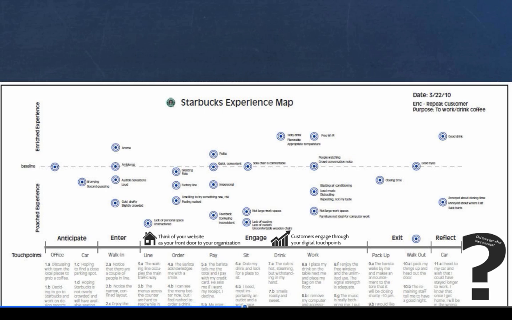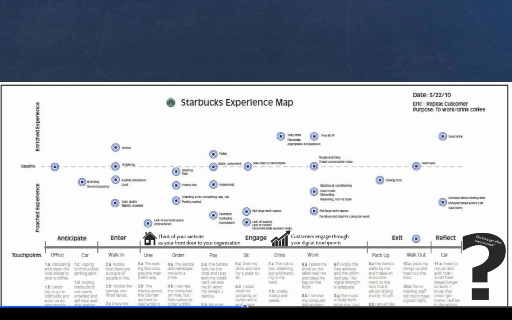So we need to make sure that we're really focused on the customer experience. And when you map this out and you can see the highs and lows, you see that there are a lot of opportunities beneath that baseline in the poached experience section where Starbucks could be doing a lot better. And those are the places where we say, oh, there's a moment of truth.